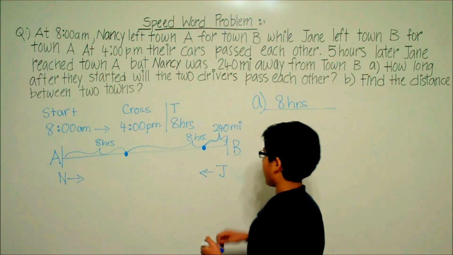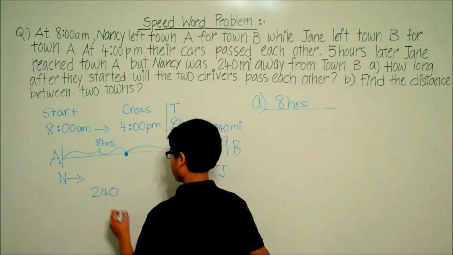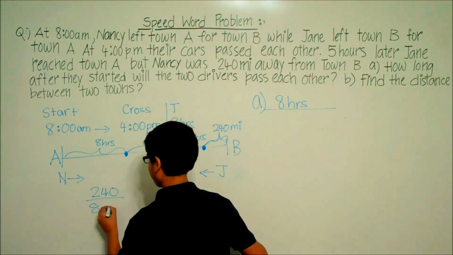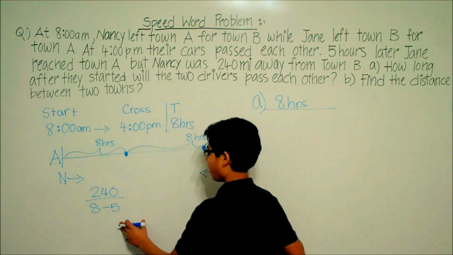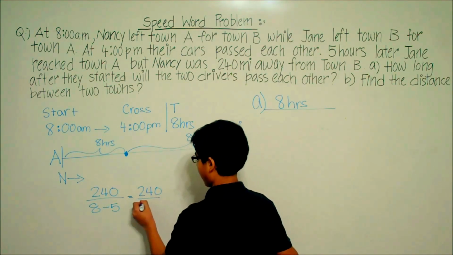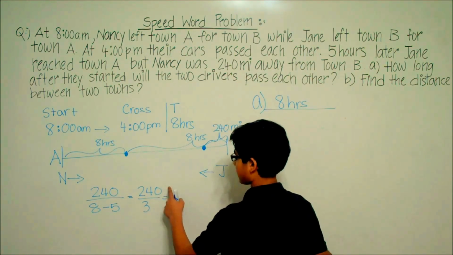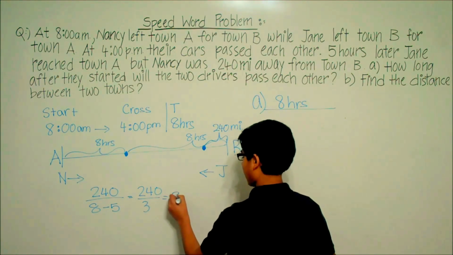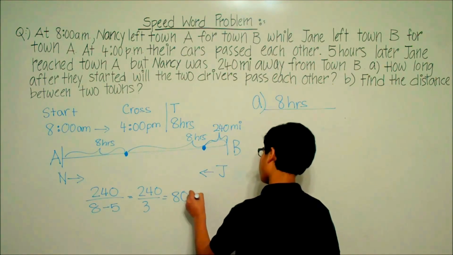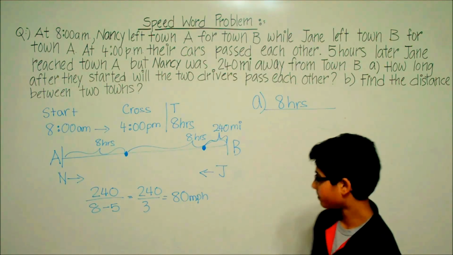So this means that they could travel 240 miles in 8 minus 5 hours. So 240 miles in 3 hours. So 240 divided by 3, which is the distance over the time, is equal to 80 miles per hour. So together their speed was 80 miles per hour.